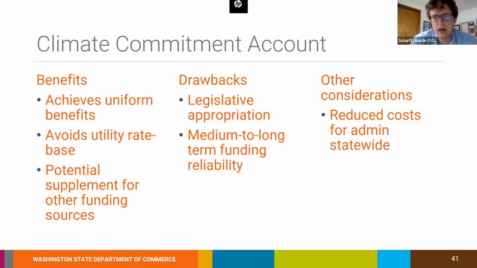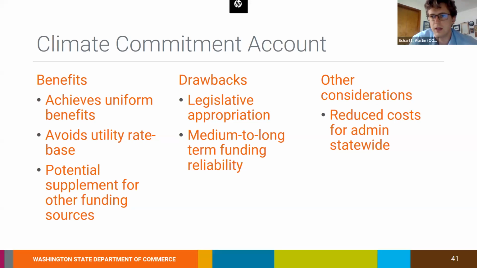It could avoid the utility rate base. So instead of, under the status quo, utilities charging customers to fund these programs, this does not charge utility customers directly. It is based on the revenues from the Climate Commitment Act. And then we noted the potential to supplement other funding sources, in line with how we were discussing using the CCA as a supplemental to other revenues.